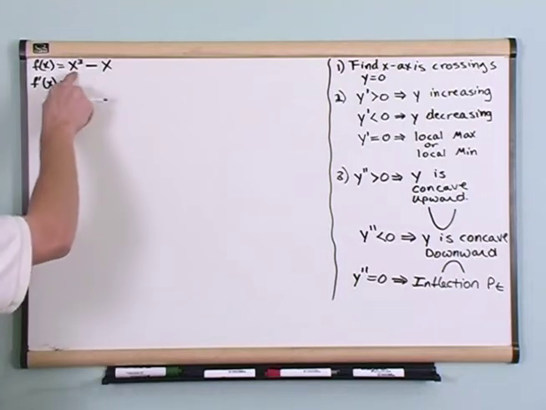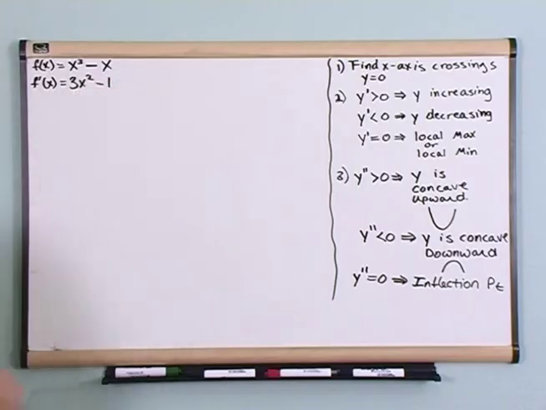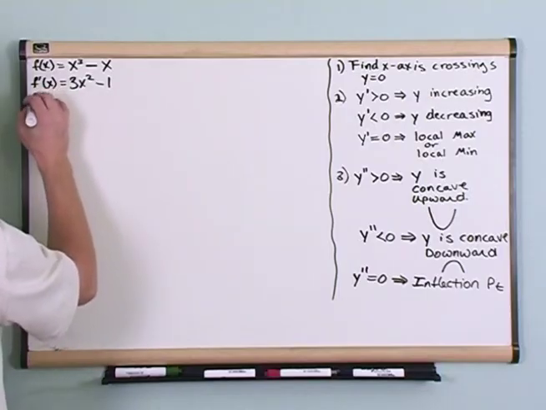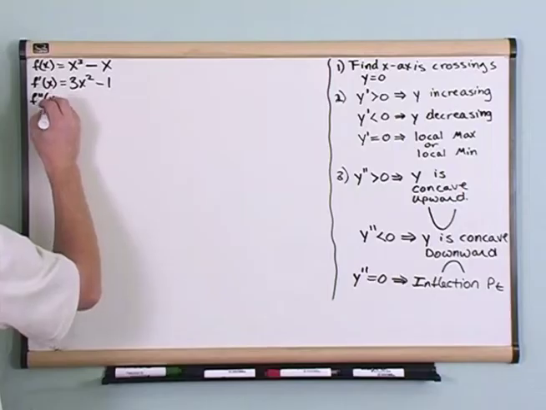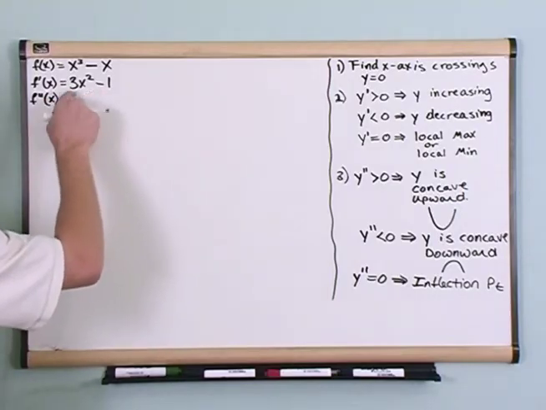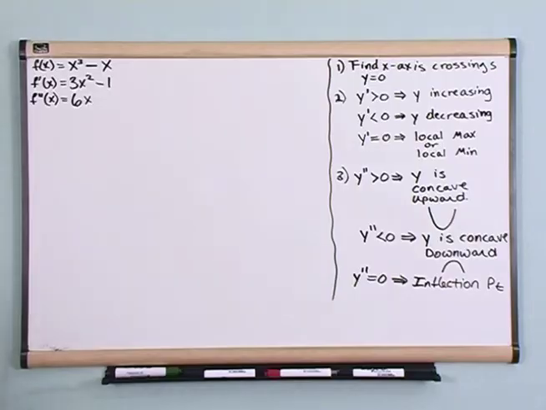From this, it should be 3x squared minus 1. You should be able to do that because we've done these problems before. We're not going to use it just yet, but the second derivative, which is the derivative of this, is 6x. So we have our function and our derivatives in one place.